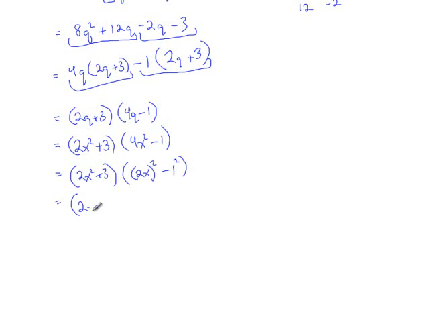Now looking at this, 2x squared plus 3. This (2x) squared minus 1 squared I could write as 2x minus 1 times 2x plus 1. Okay, now check all three of your brackets, see if you can factor any of them further. And no, I think you're done.